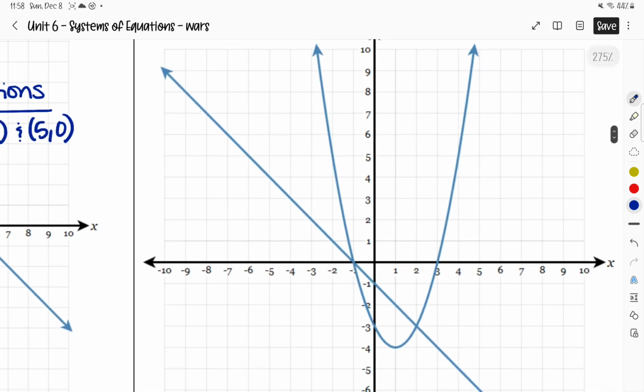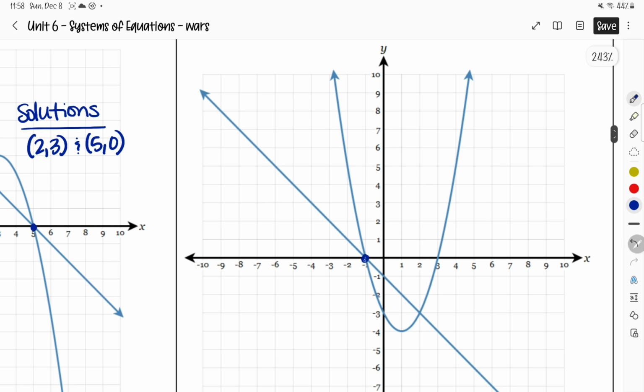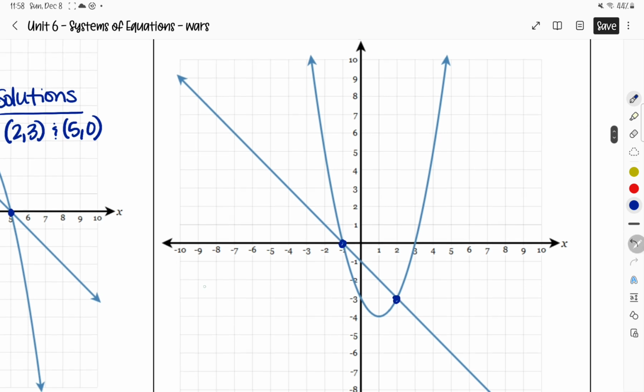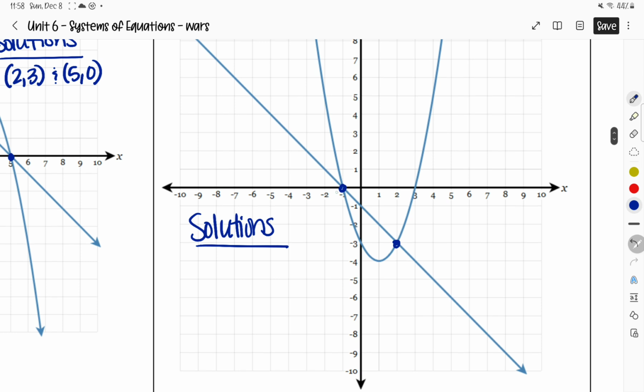This one right here, again, they meet in 2 different spots, one here, one here. So this one has 2 solutions as well. This one right here is back 1 and it doesn't go up and down at all, so -1, 0. And then this one right here is over 2 and down 3, so 2, -3.